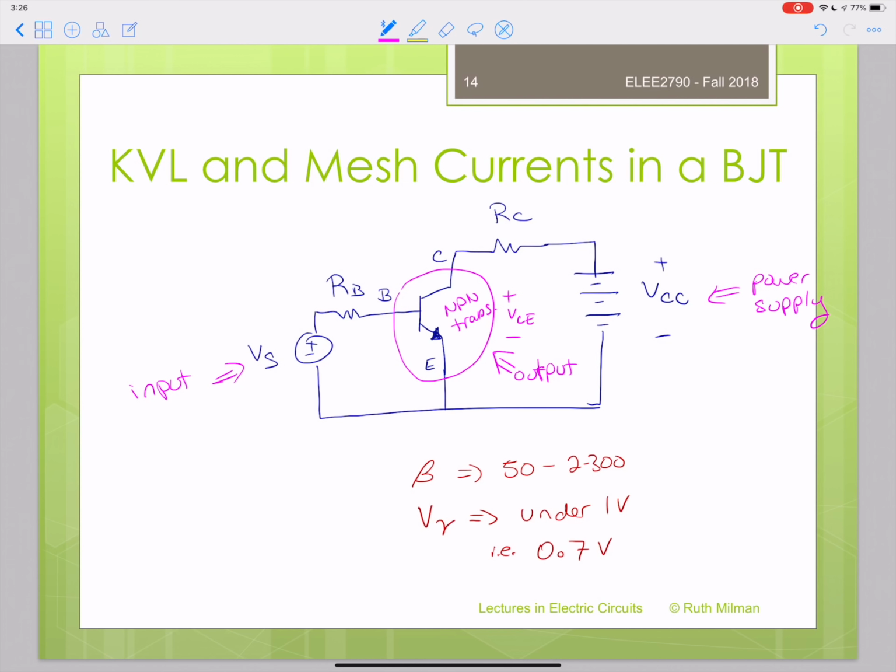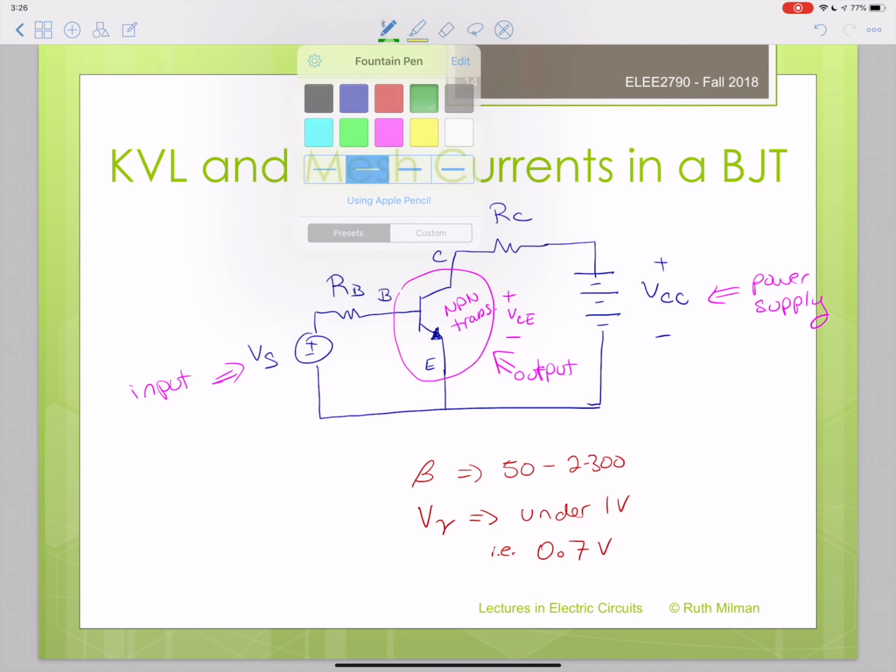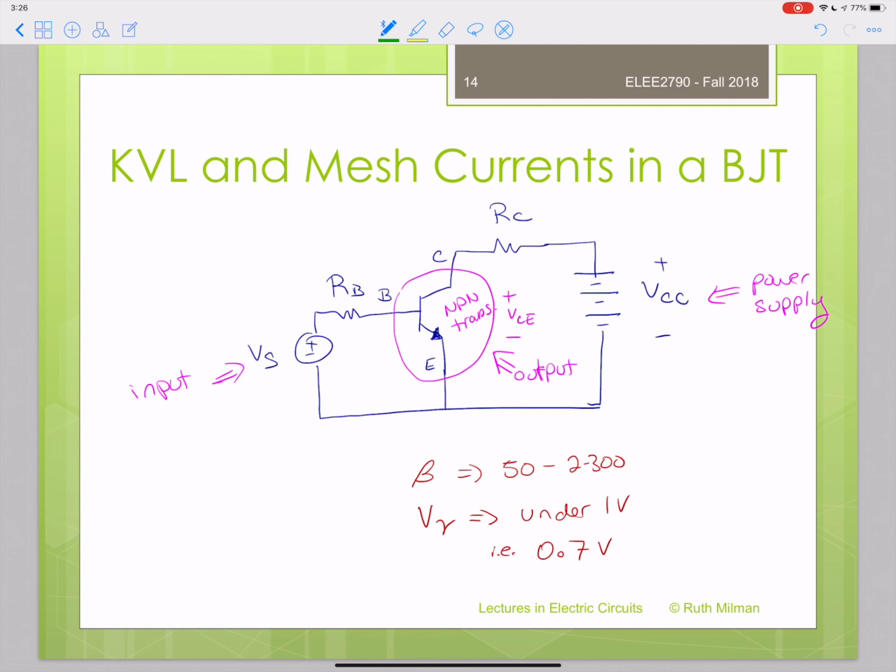So these are the typical pieces that we're looking at in here. And when we analyze this circuit, we're going to need to analyze a KVL where we have the voltage across our inner input loop and the voltage across our outer supply loop. So when we take a look at this, here are the things we need to know. The transistor acts like a switch.